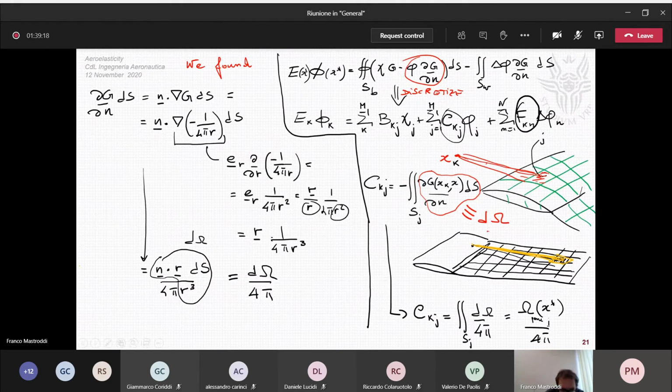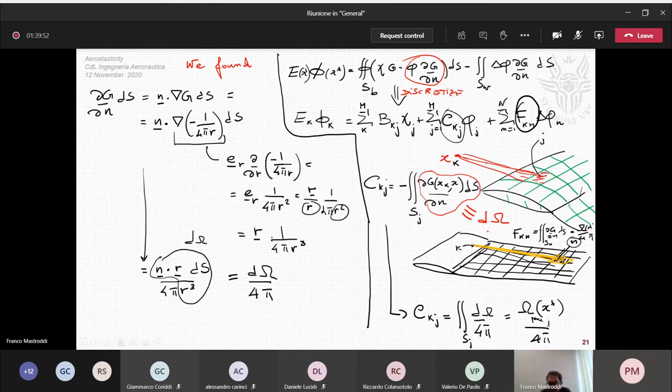And therefore, if this panel is the N panel, and this is, again, the K point, your F_kn is equal to the integral on the panel N of dG on dn dS, which is equal to omega from x kappa divided by 4 pi.